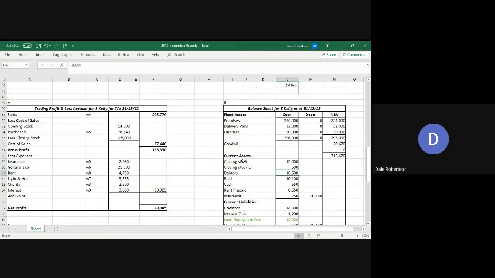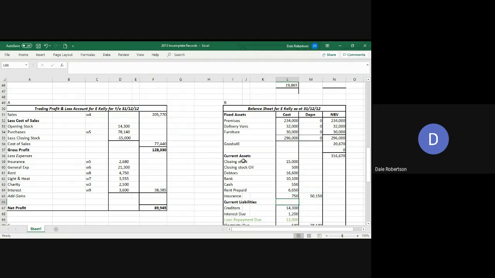The debtors, your bank account from working number 3, and your cash account from working number 2. And in there you also have rent prepaid, which is from the rent working, and you have the insurance prepaid, which was the very first working that we did, working 6, the very first one after the initial 5.